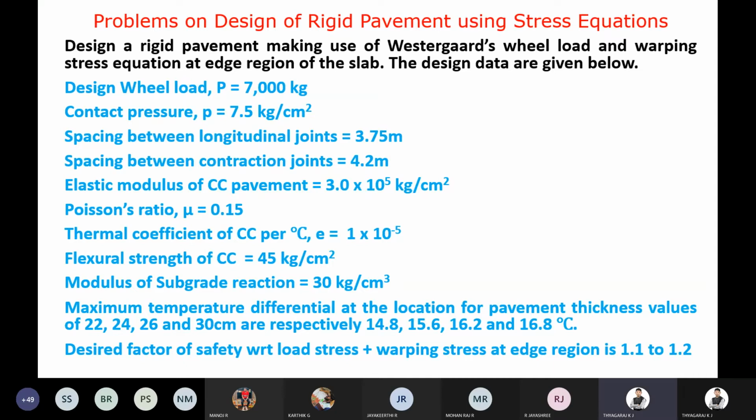The design wheel load is 7,000 kg, contact pressure 7.5 kg per centimeter square, and spacing between longitudinal joints and contraction joints. Whatever we have discussed till now, the same data they have already given: wheel load, contact pressure, spacing, then modulus of concrete. Then they have given the factor of safety also, 1.1 to 1.2. That is also given. So kindly note down.